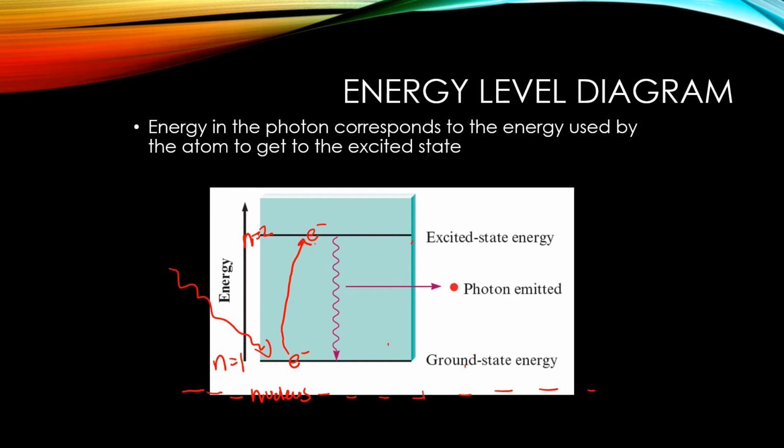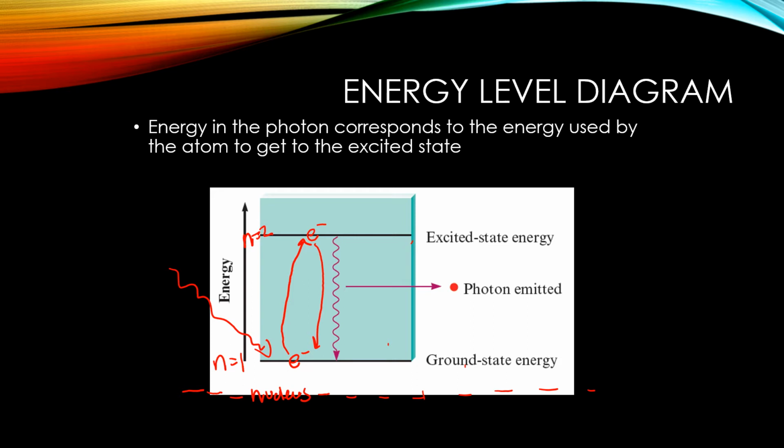And when it makes that transition, it will fall back down to the ground state. So again, we can measure the actual energy that is required to make this transition take place. Within the hydrogen atom, there's a special formula that we use to make that happen, but you guys don't need to worry about that part for now.